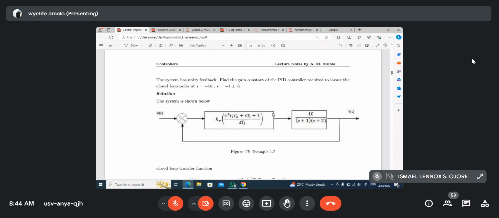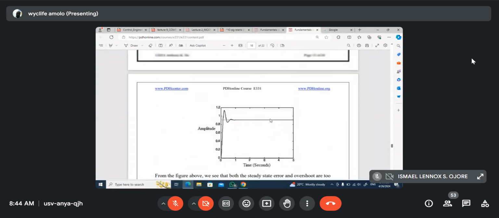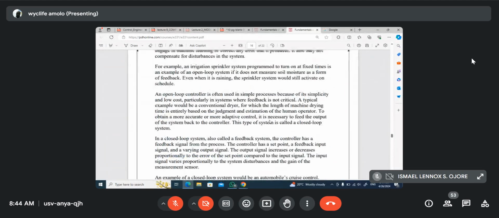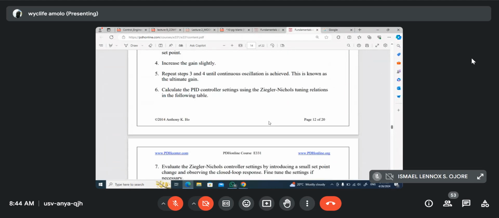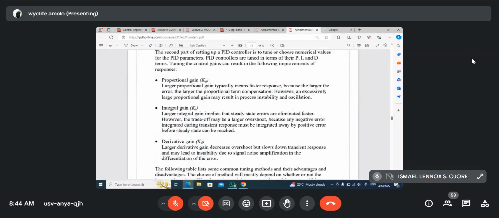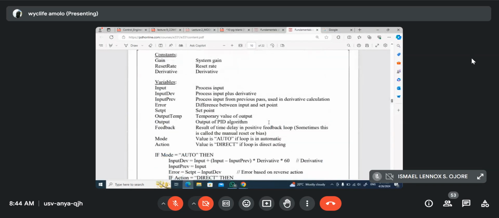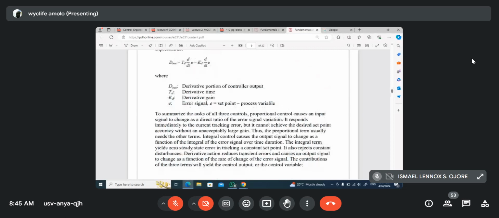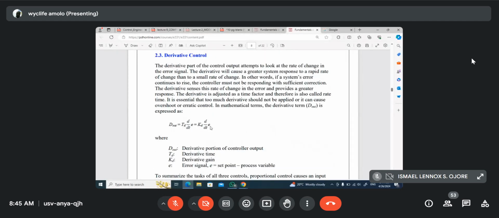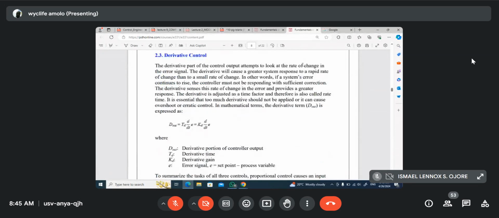We have seen it in this fundamental. These values here: KD, TD, KI, things like that.